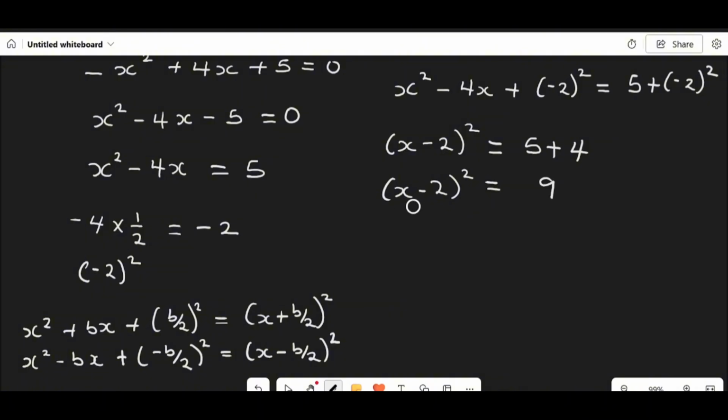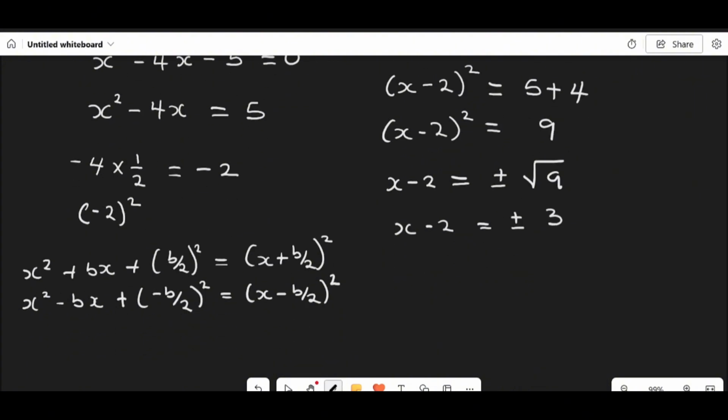Take the square root of both sides, and when we take the square root of both sides, the power of 2 here will cancel the square root in the left hand side. So our equation can be written as x minus 2 equal to plus or minus root 9, and x minus 2 equal to plus or minus 3.